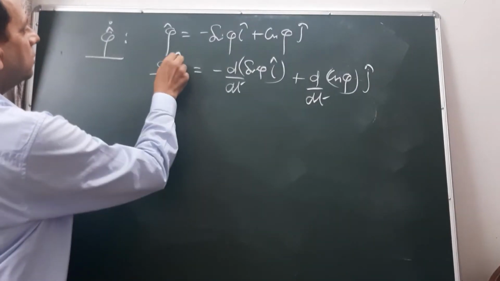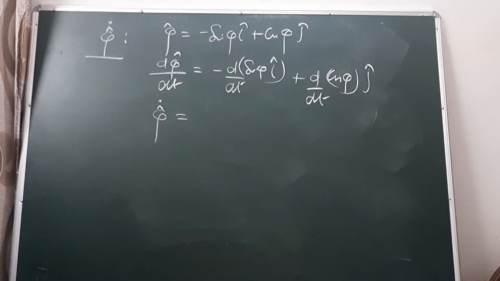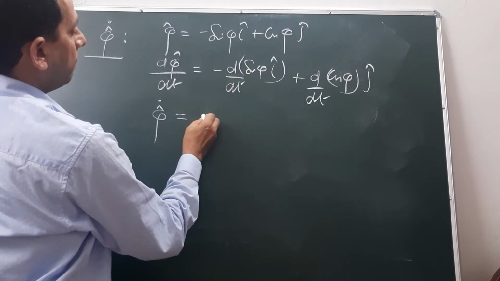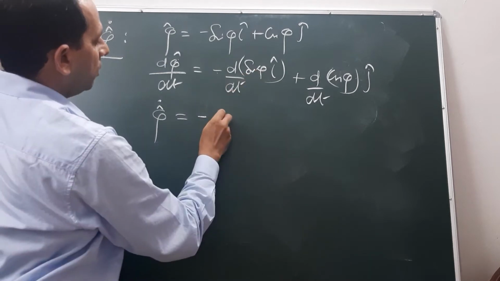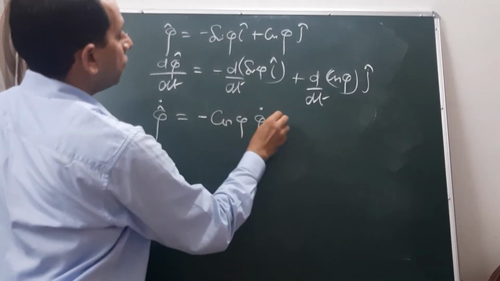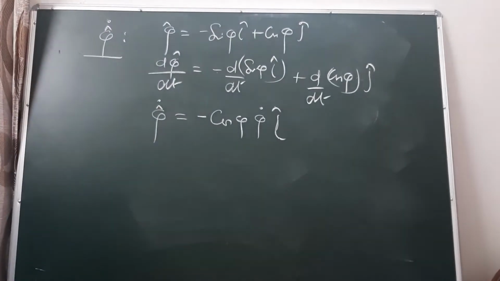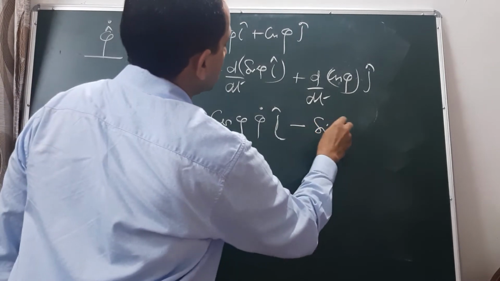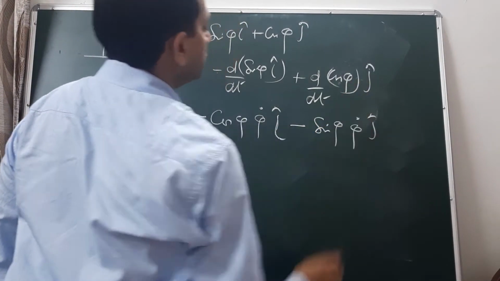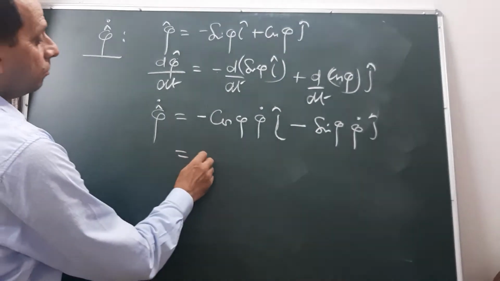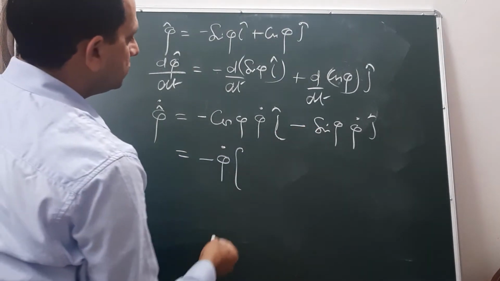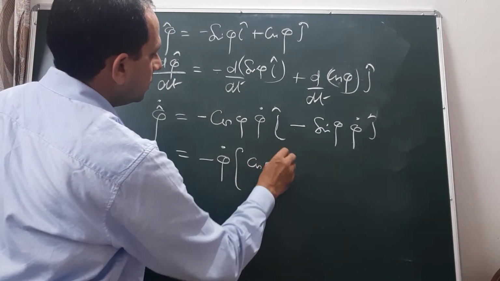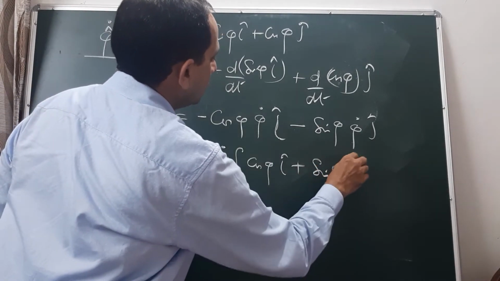On the left hand side it may be written as phi cap dot, and on the right hand side the derivative of sin phi is cos phi. So, the minus is here and sin phi becomes cos phi into phi dot i. Similarly, the derivative of cos phi is minus sin phi into phi dot j. So, minus phi dot is common from both terms, and the remaining part is cos phi i plus sin phi j.